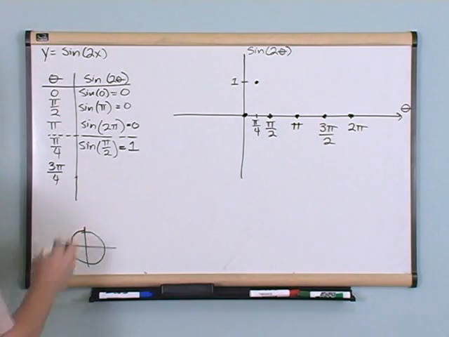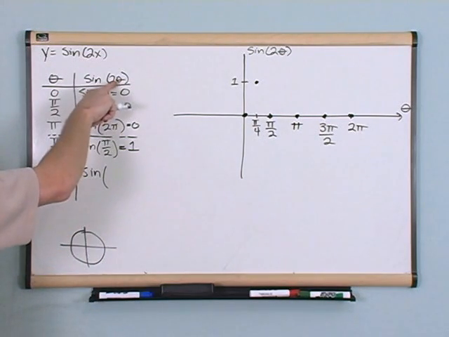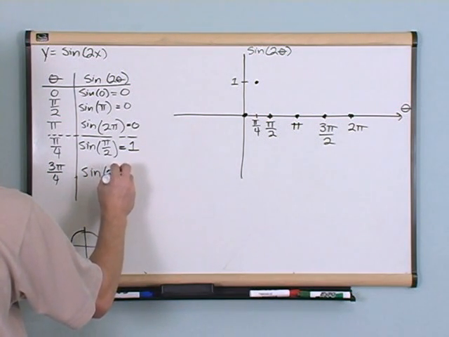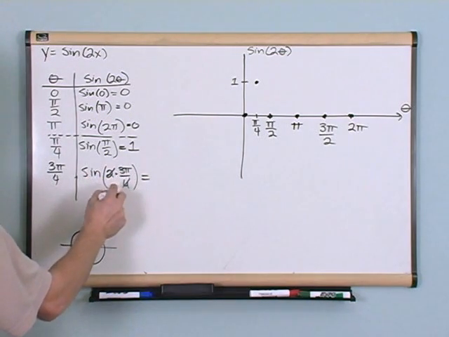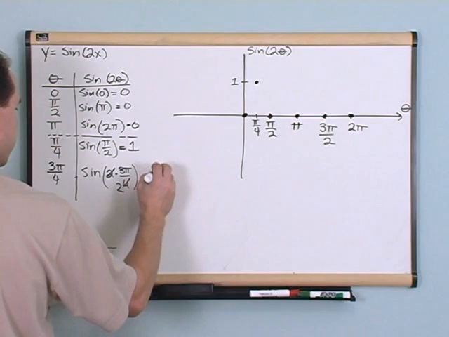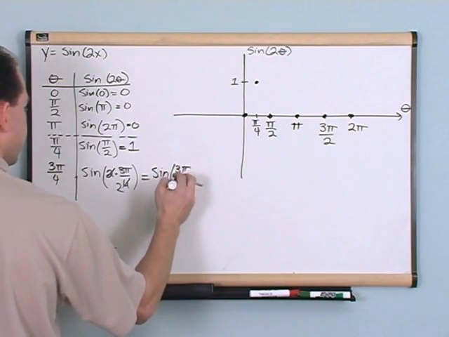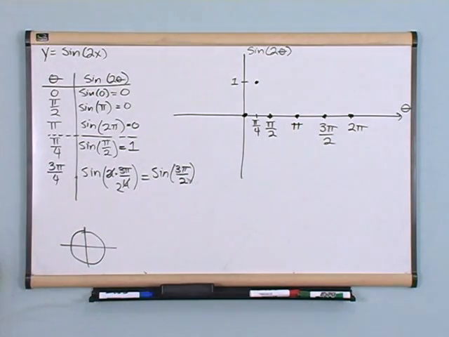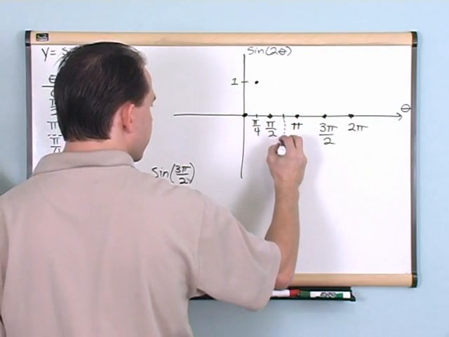Sine of 3 pi over 4, I need to multiply it by 2. 2 times 3 pi over 4, this can cancel with the 2. So this will be sine of 3 pi divided by 2. You see all I did was multiply 2 times 3 pi over 4. 3 pi over 4, I'll just draw a dotted line, is right here.